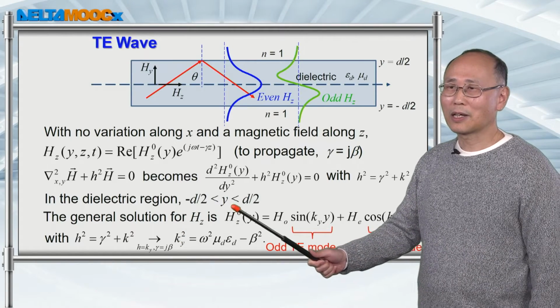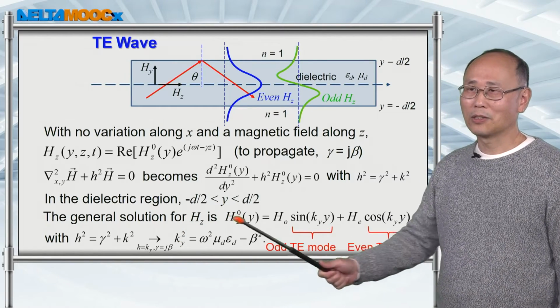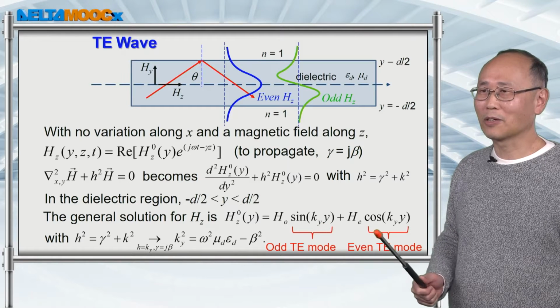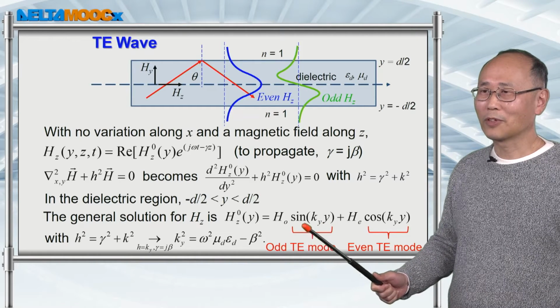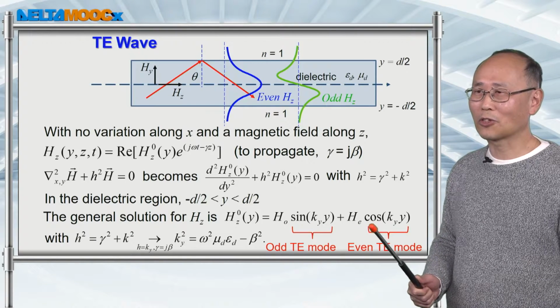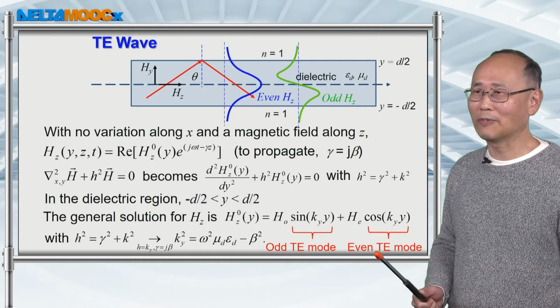So inside the dielectric region, you have a general solution that could be sine or cosine. And for this sine solution, we call it odd T mode. And for this cosine solution, we call it even T mode.